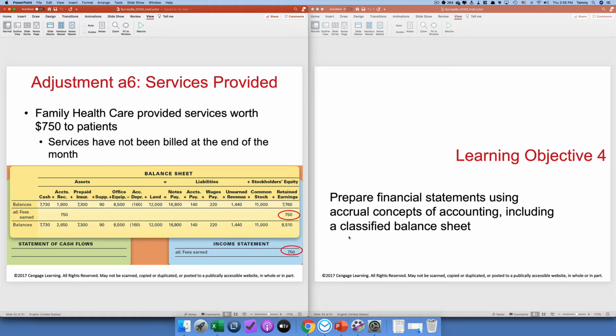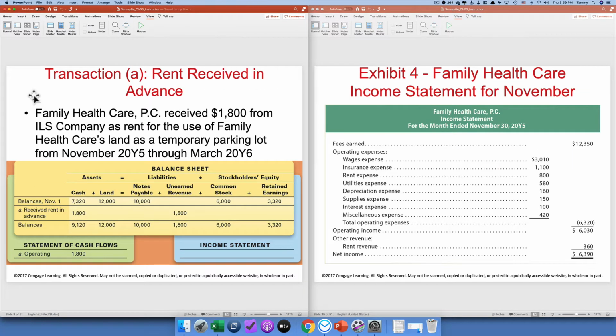And I want to note that we're going to be doing what's called a classified balance sheet. What that means is we separate out assets and liabilities based on how long they're going to last. So that's sort of like adding a little extra twist in this chapter.